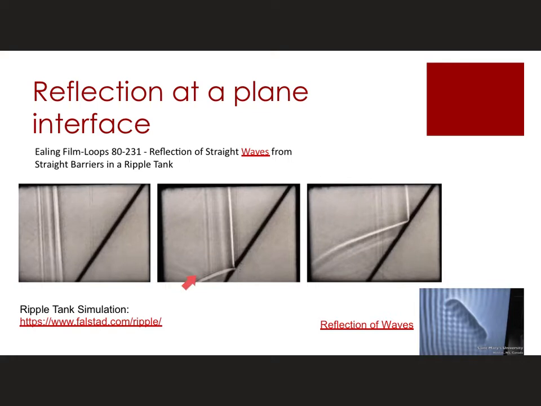What I have here is that this bottom part of the wave has already hit the wall and is starting to reflect, where this part of the wave hasn't hit it yet. If I have my normal drawn in, you will actually see that this angle here will equal the reflected ray. And as this wave continues to move on, then we'll have more of the wave front that's reflected and some that has not.